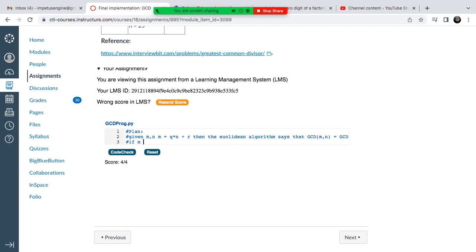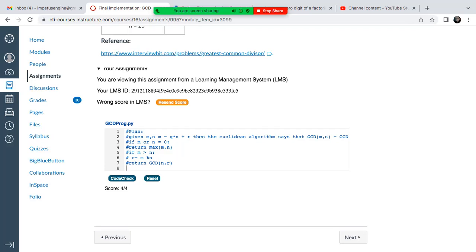If m or n equals 0, we handle that case first and return max(m, n). If m is greater than n, we set r equals m mod n and return the GCD of n and r.